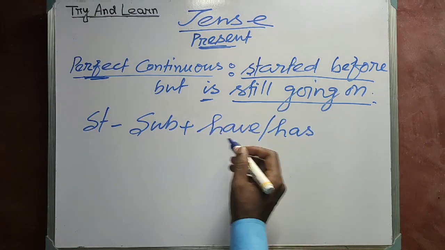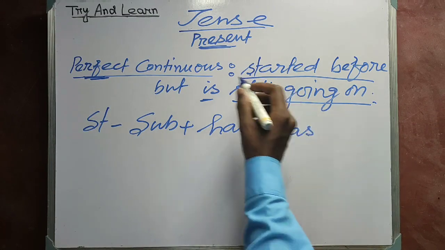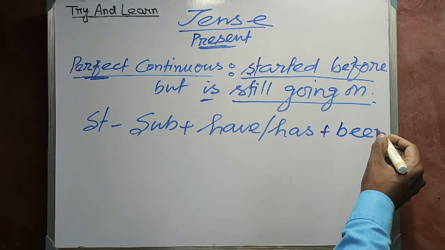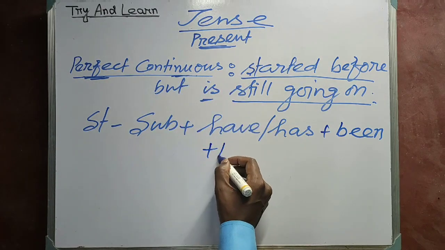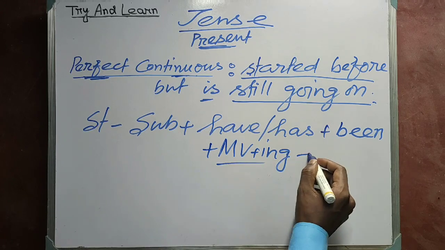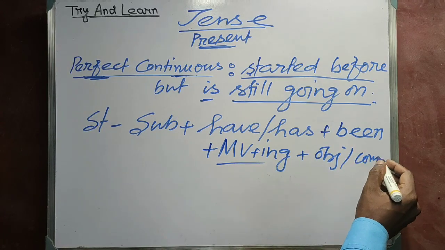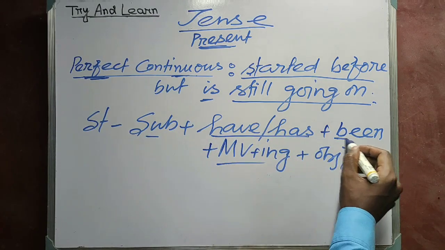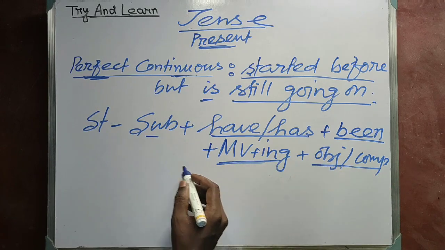And we know in perfect tense after have or has V3 form is used, and again it is continuous, so be verb will be in V3 form, been, plus continuous means ing form, MV plus ing, plus object or complement. Subject have or has plus been plus MV ing plus object or complement.